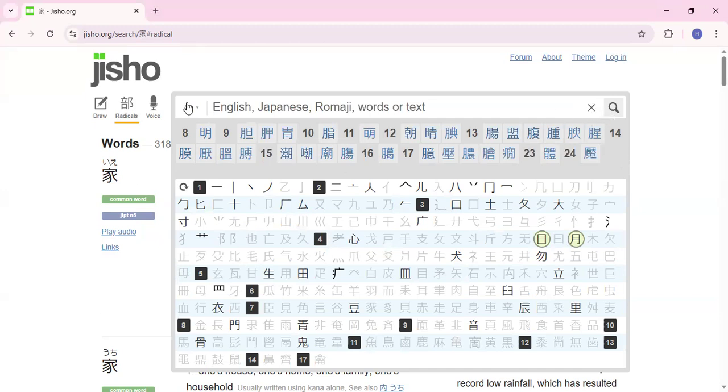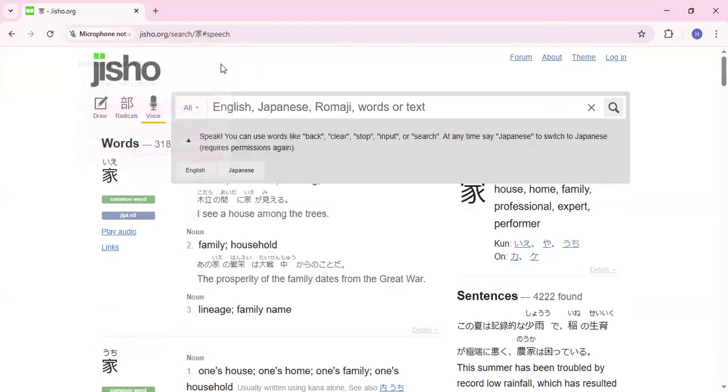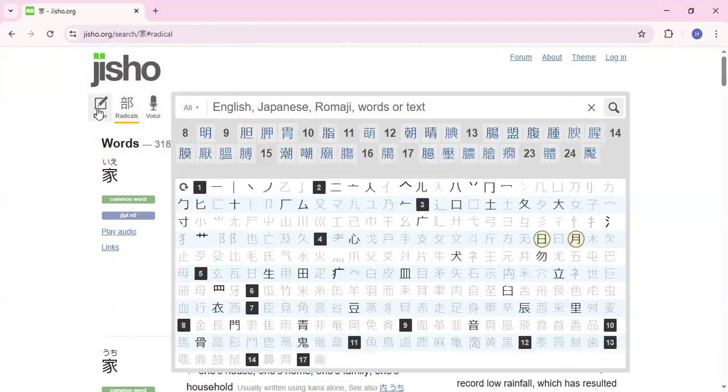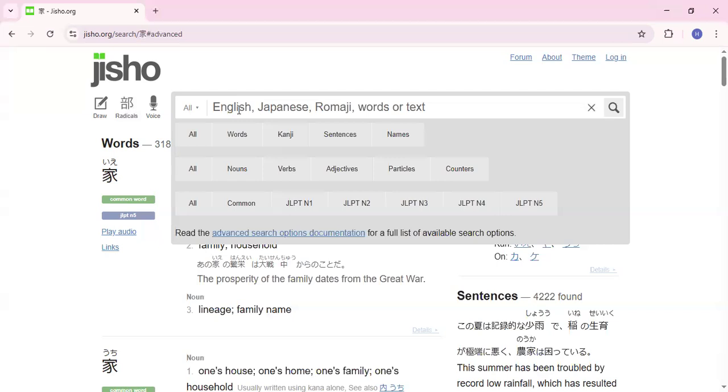But what's my favorite? Before we go to why I love this, let's remove radical. You can use voice, but nah, no thanks. Haven't even tried it actually. We don't want to use voice or radical here. Okay. And then you can choose, look for only kanji, right? Sentences, names, nouns, verb, adjective. So nouns, I want nouns.